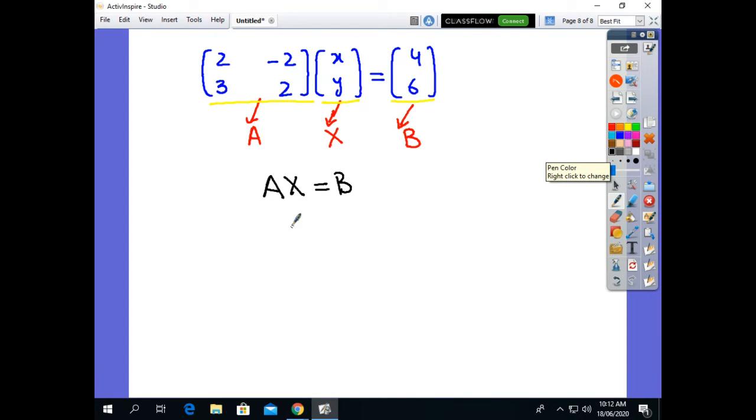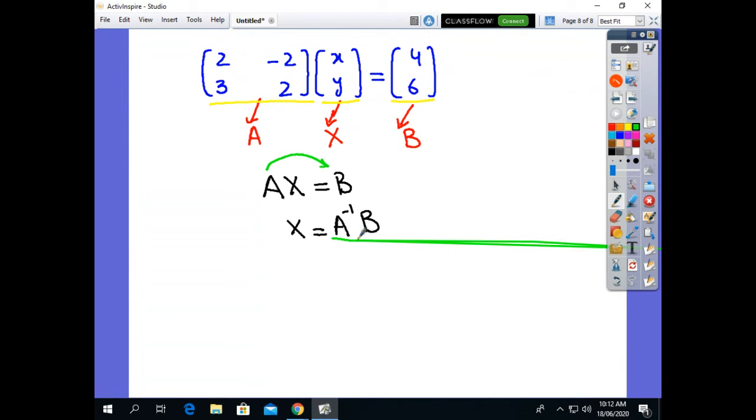Now take matrix A to the right hand side, it becomes A inverse B. When we take matrix A to the right hand side, it becomes A inverse.